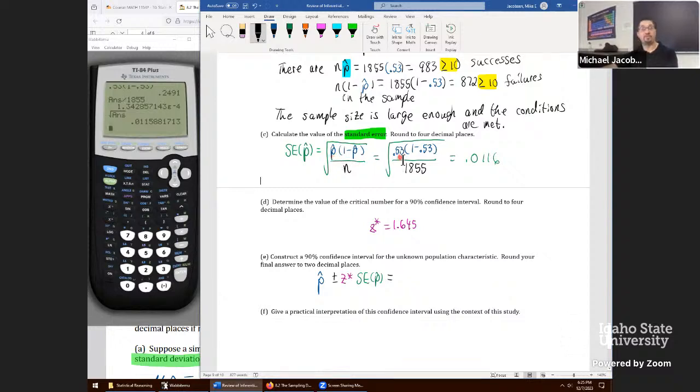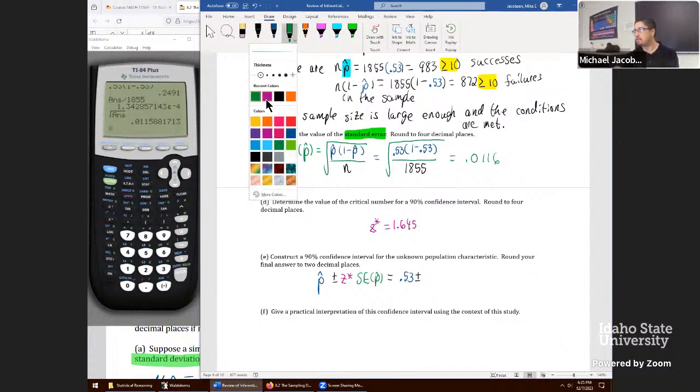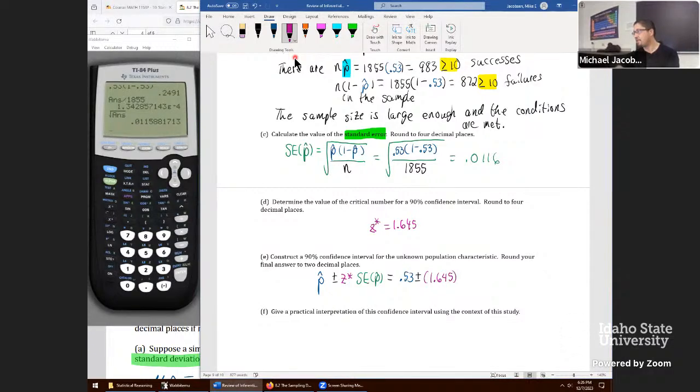P hat went to 0.53, so let's plug that in. 0.53. Then we'll add and subtract Z star, which is 1.645. And last standard error, 0.0116. All we need to do is crank this out, give a practical interpretation, and that's one problem down.